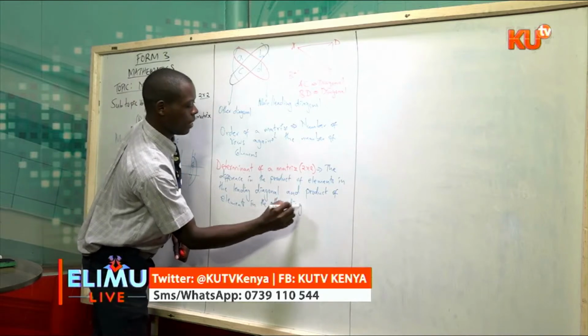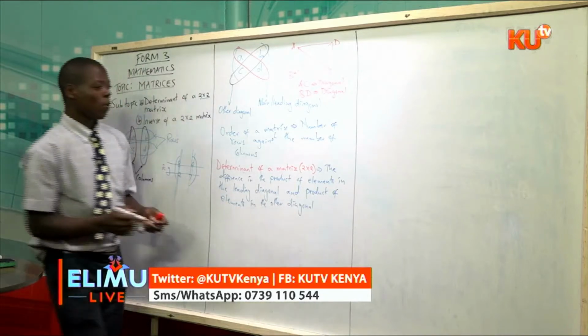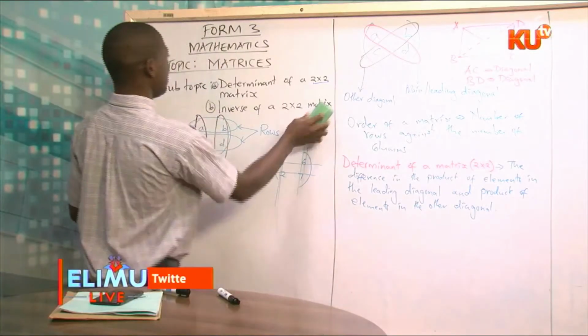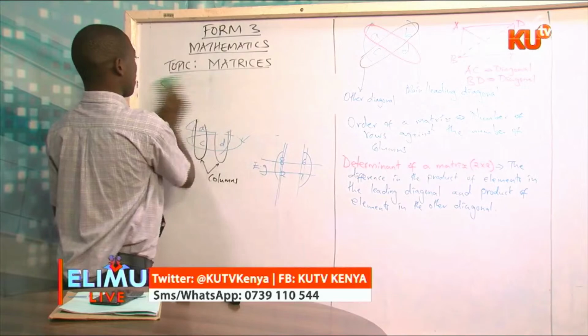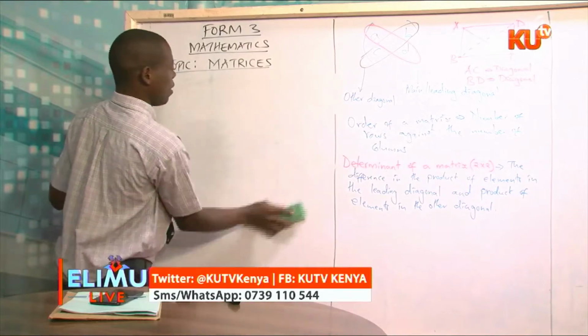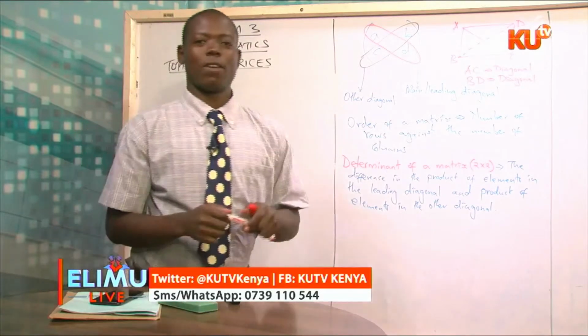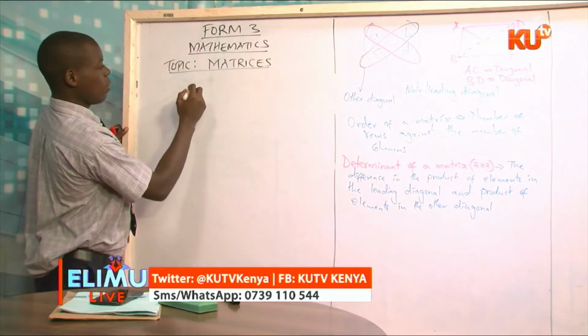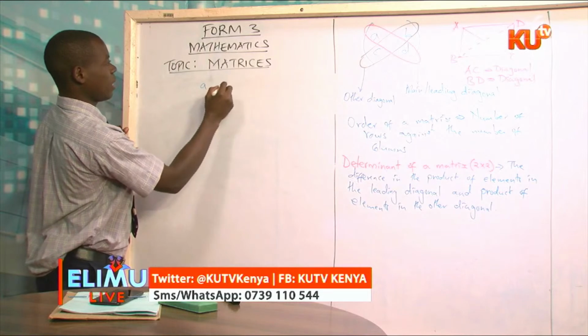What we mean by this is that we are going to obtain the product of elements in the leading diagonal and get the product of elements in the other diagonal, then get the difference. Because of the difference, we'll subtract.